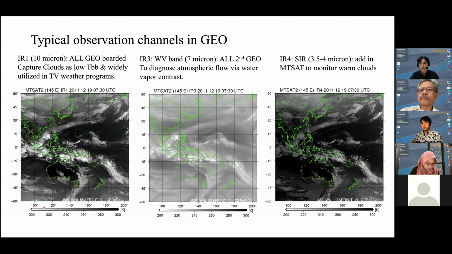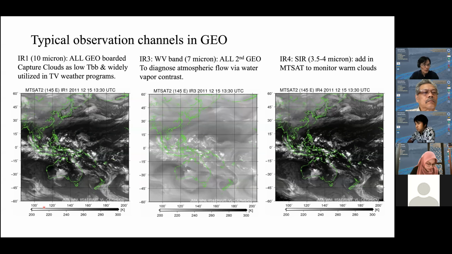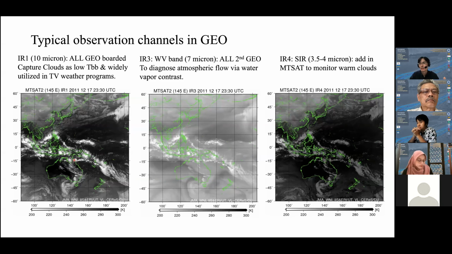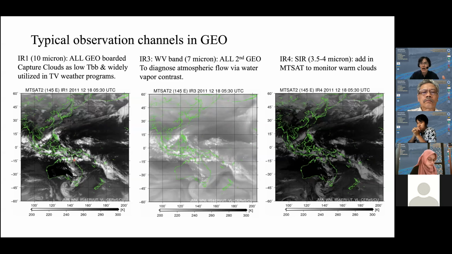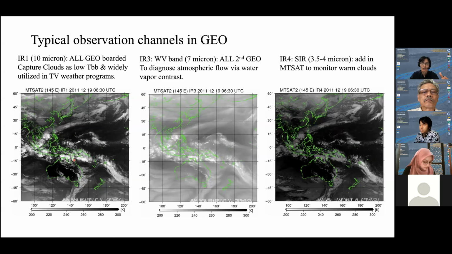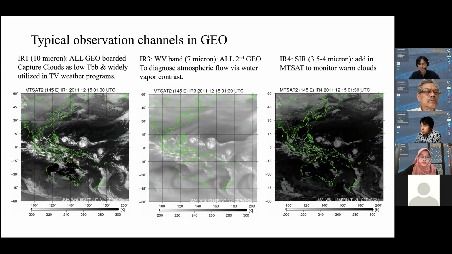In fact, in such movies, in your countries, the Indonesian countries, as you know, highly convective activity occurs due to the warm pool areas. And thinking about the Hadley circulation, the upwelling motion is dominant here.